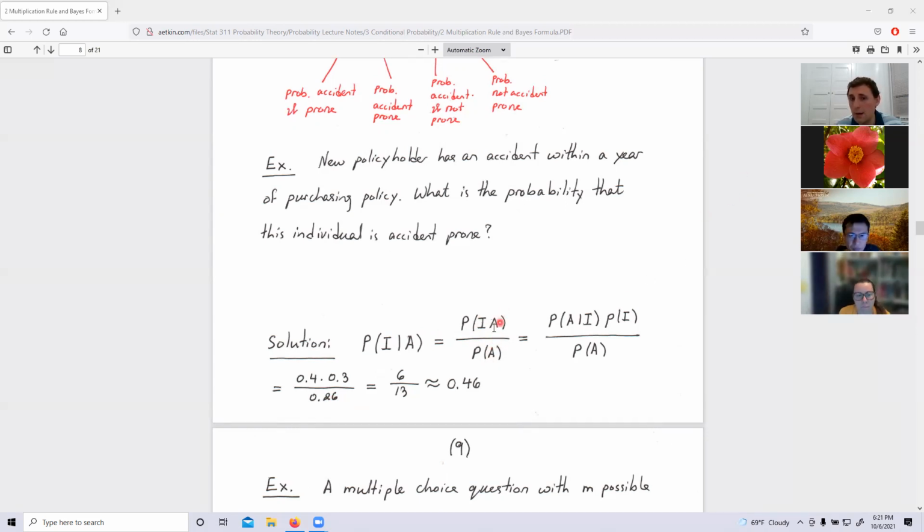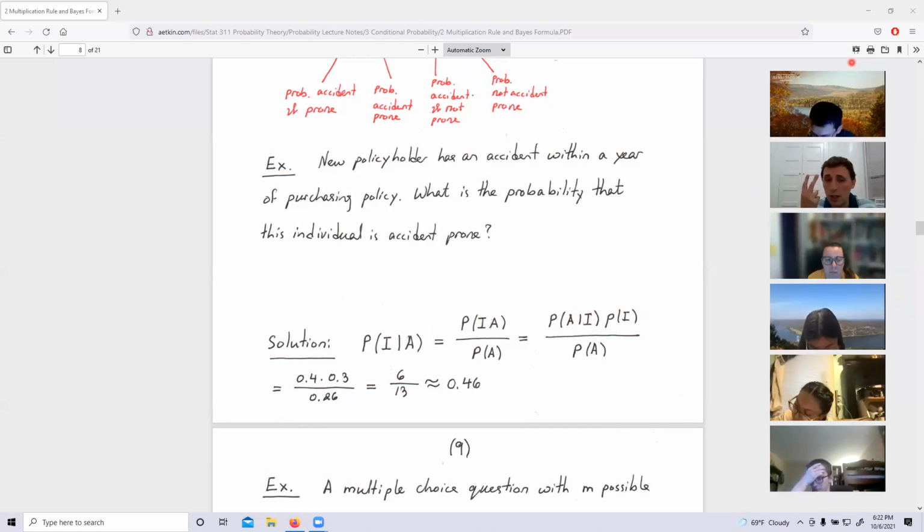Now this probability is best tackled with the conditional, and that would be just probability of being accident prone times the probability of having an accident given accident prone. You see, in the numerator, I reversed what you call prior and posterior probabilities.